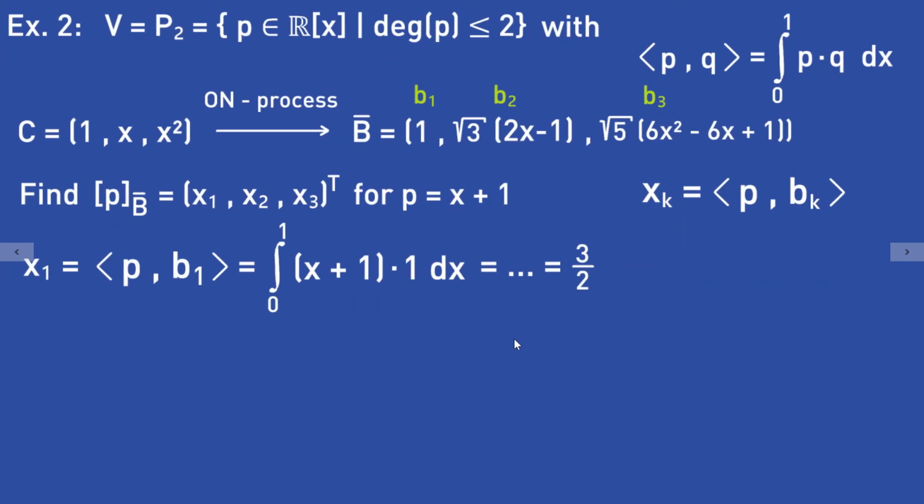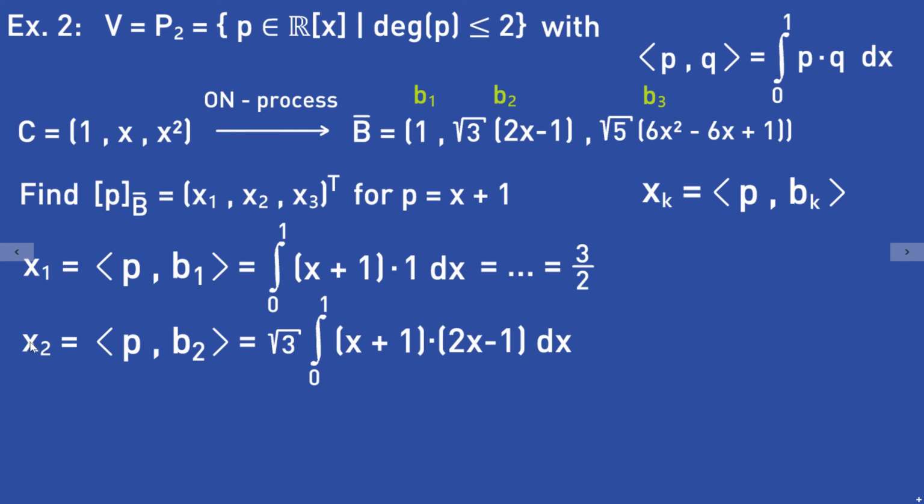When we solve this, we get 3/2. So the first coordinate is 3/2. I have used a program to calculate that integral here, but you can also solve it by hand if you want.